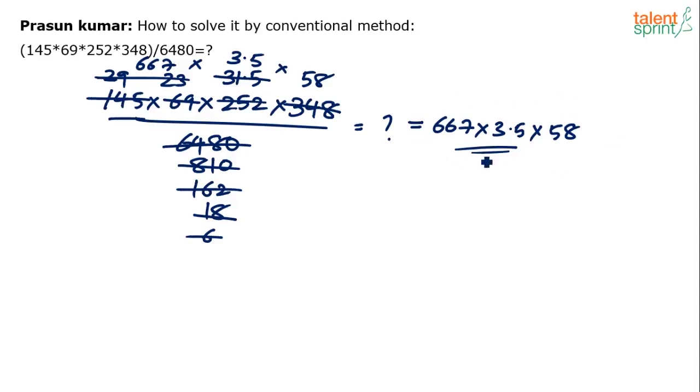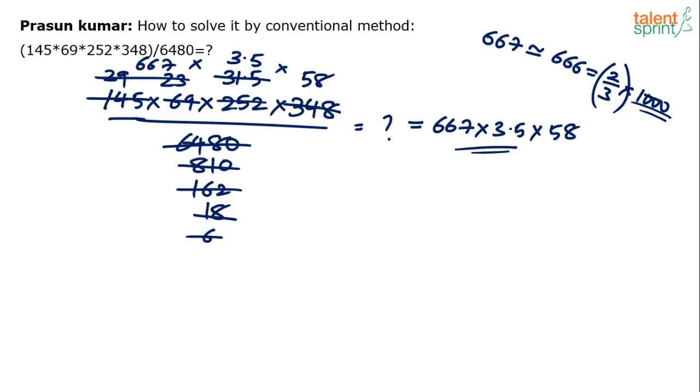So far what we've done is a very accurate calculation. We have not done any approximation. But now if I want to do approximation, I can say 667 is approximately 666, and this can be taken as 2 by 3 into 1000. So what was 666 or 667 has become 2 by 3. 1000 is simple. Multiplying by 1000 is not a calculation. Then 2 by 3 you can involve with 58 or 3.5 and see what can be done.